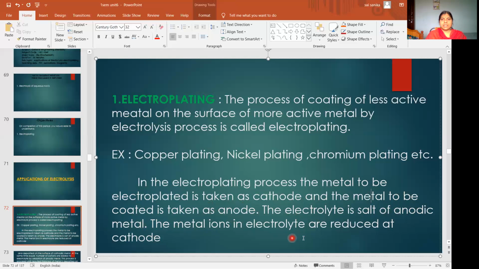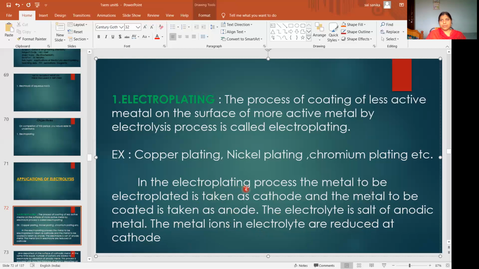The metal ions in the electrolyte are reduced at the cathode. Whatever metal ions are present in the electrolyte go to the cathode, and at the cathode they undergo reduction. So this is about electroplating. What is electroplating?